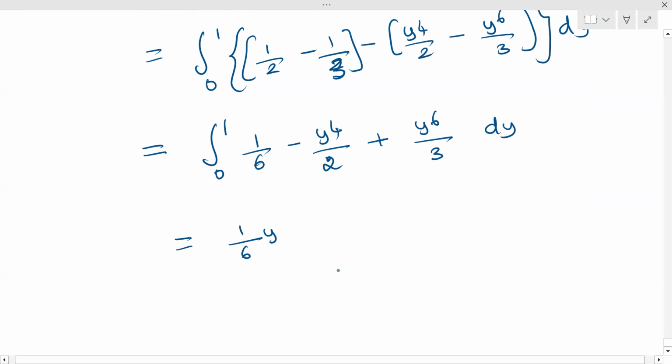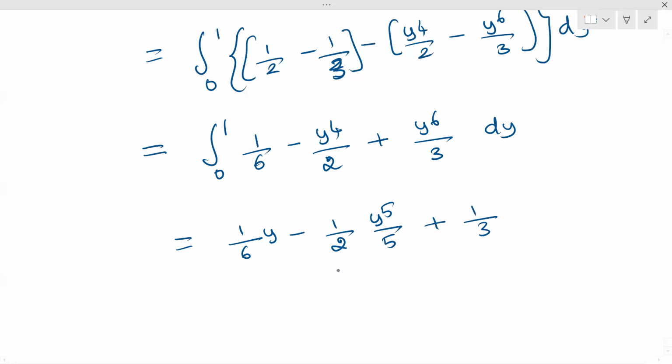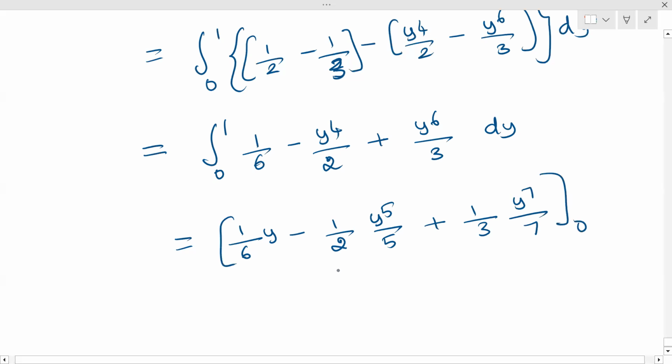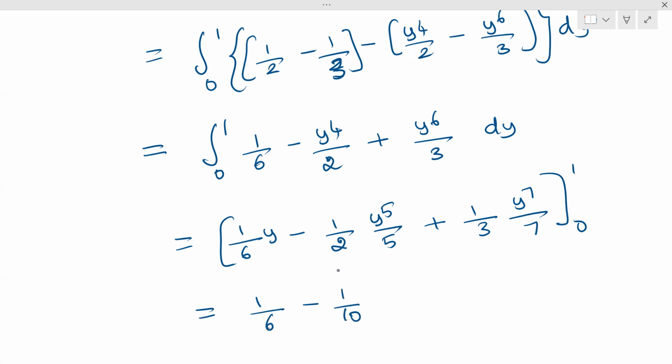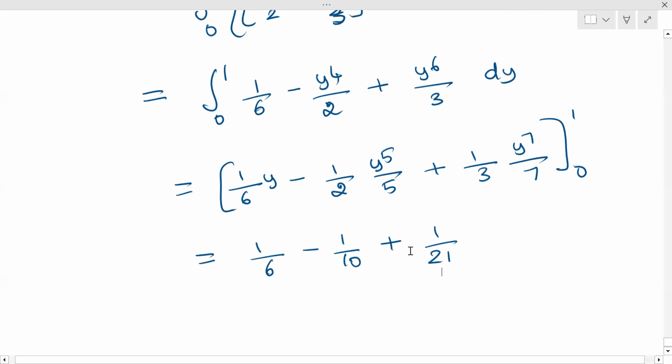So 1 by 6 y minus 1 by 2, y power 4 integration y power 5 by 5, plus 1 by 3 y power 7 by 7, 0 to 1. So which is equal to 1 by 6 minus 1 by 10 plus 1 by 21 when we apply the limit. When we simplify all these, what is the answer, you check it, it is 4 upon 35 while taking the LCM. Okay.